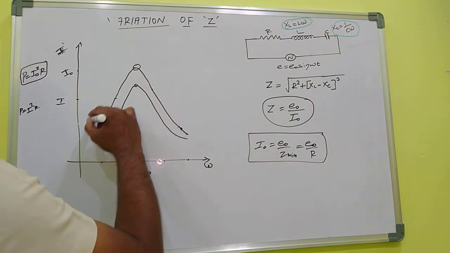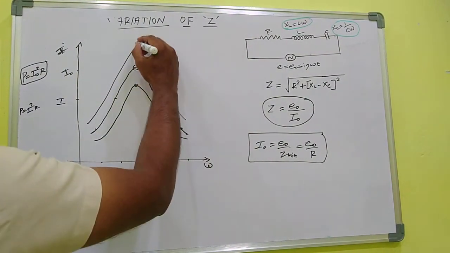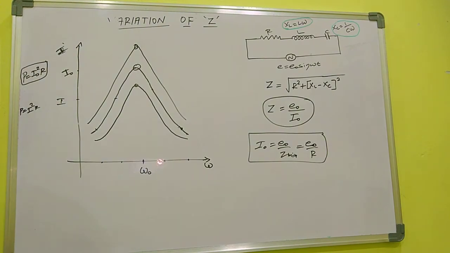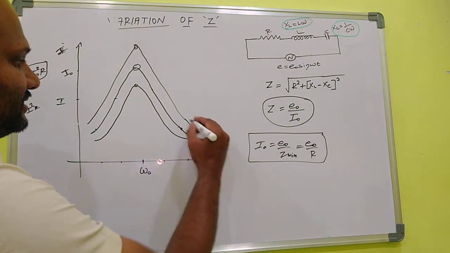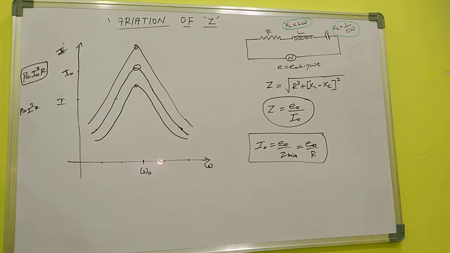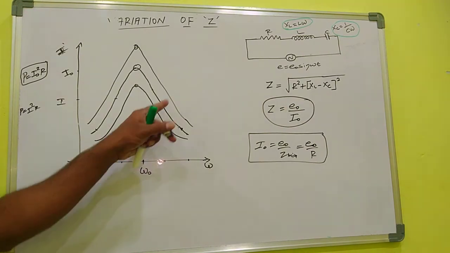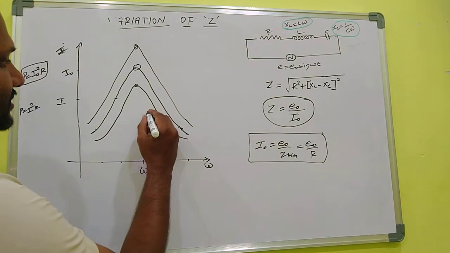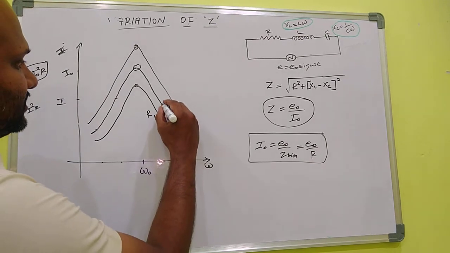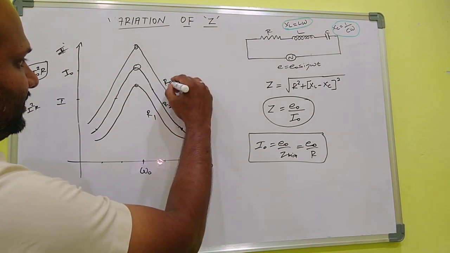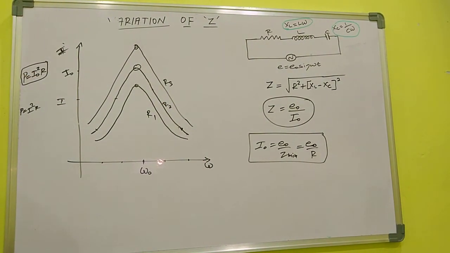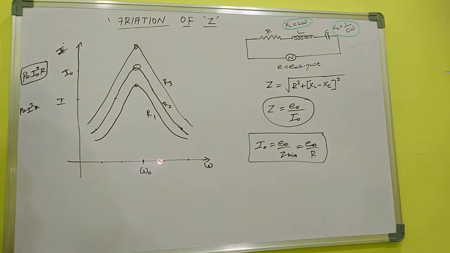So we can increase or decrease it, this is about our wish. Okay, in these three cases, for example, this is resistance 1, this is resistance 2, and the third one is resistance 3. Which resistance is greater here? R1, R2, R3.